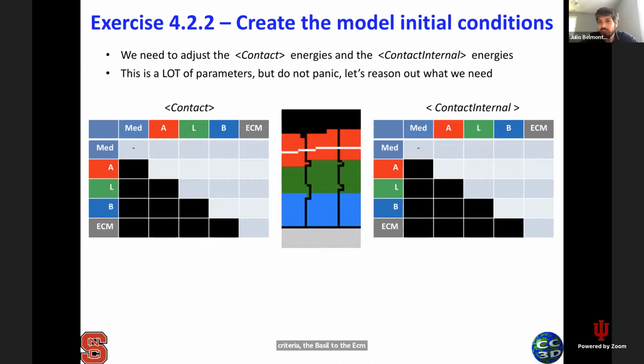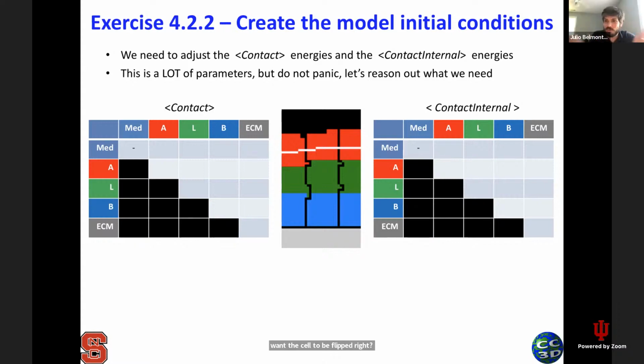Yes, very good, because you want that to be, right? So these are two things on the external contact energies. What should be very high on the external contact energies? The basal to the medium and the apical to the ECM. Yes, they should be very high because you don't want the cell to be flipped, right?